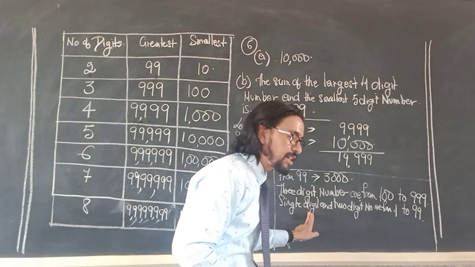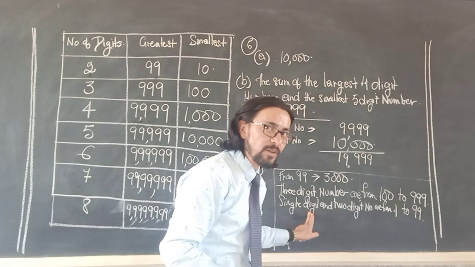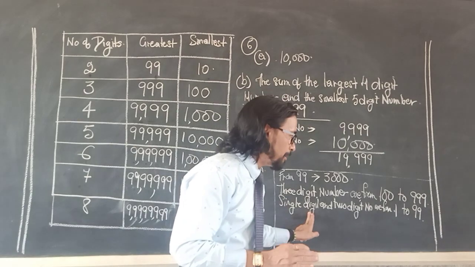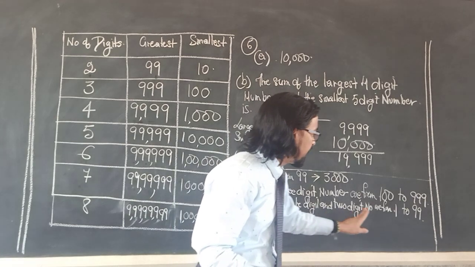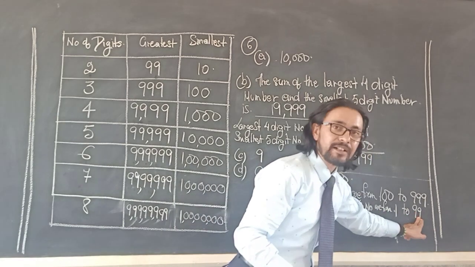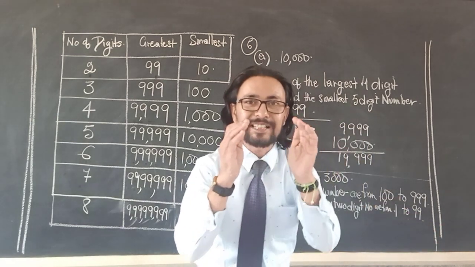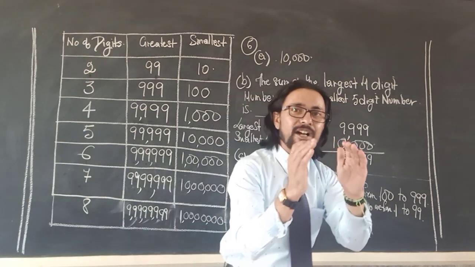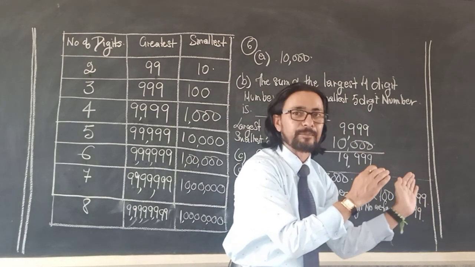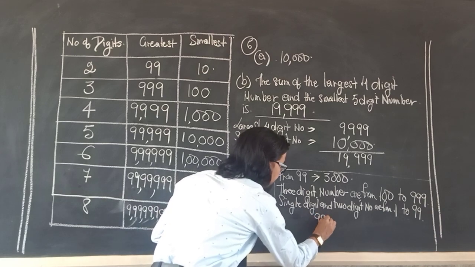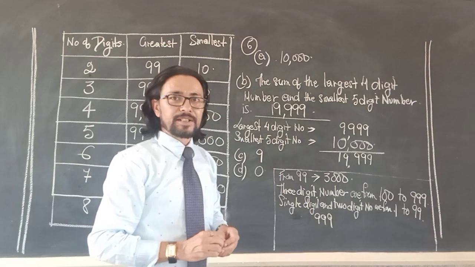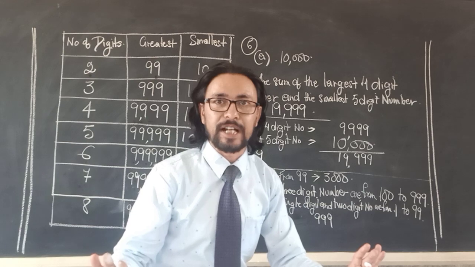How many single-digit numbers are there? 1 to 9. How many double digits are there? From 10 to 99. And both single and double, they are from 1 to 99. So from all my numbers till 999, I take away all my single and double-digit numbers.